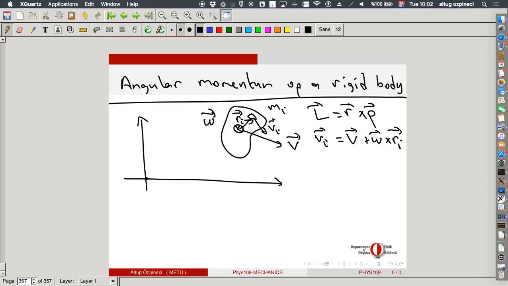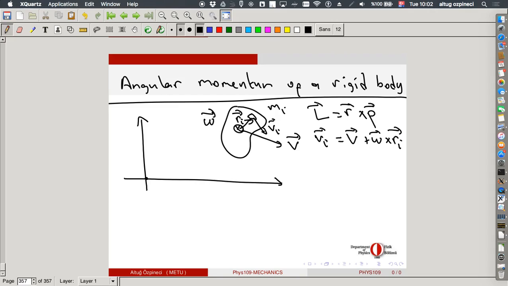Omega is the angular velocity of the rigid body. We had already seen that the angular velocity doesn't depend on the choice of the rotation axis. Angular velocity is always the same for every rotation axis we choose, because if it makes one full turn with respect to one rotation axis, it makes one full turn relative to any rotation axis.